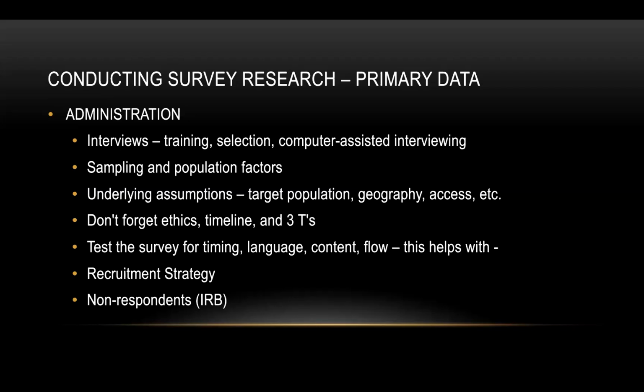Lastly, the thing you want to think about is, do your non-respondents, the people that are not participating, look like the people that did participate? Because, for example, if you are targeting adults over age 55 and only adults under age 55 participate, then you've basically missed the entire target population.